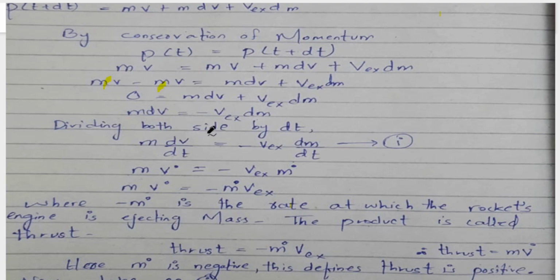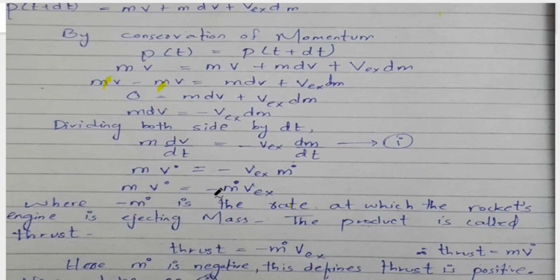After arranging and dividing the terms by dt, we will get these terms. You very well know this is the first order derivative, the differential form, and we can also write it in the dot form, which is a symbolic representation of the first derivative.